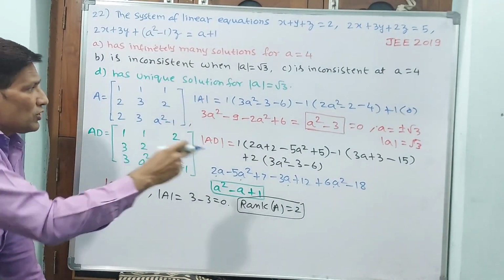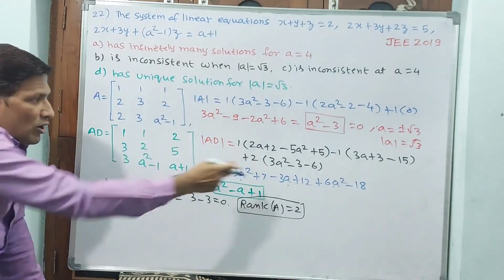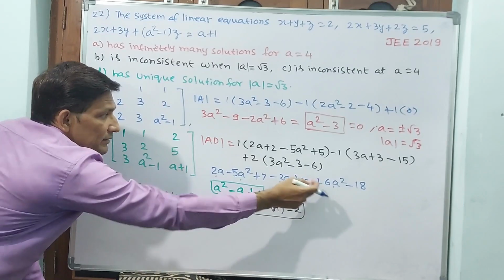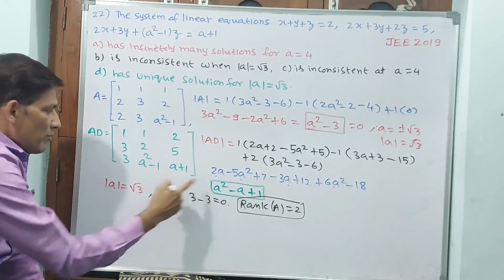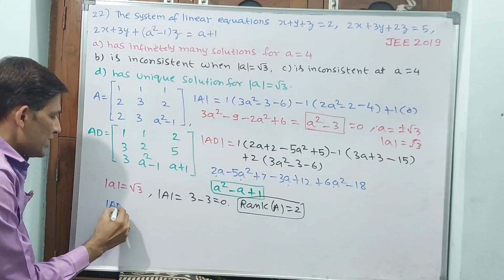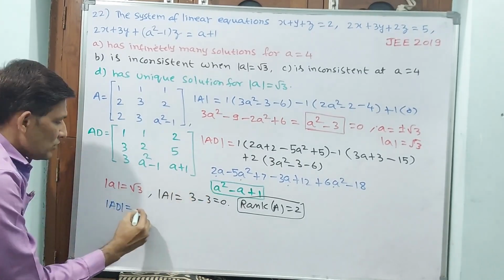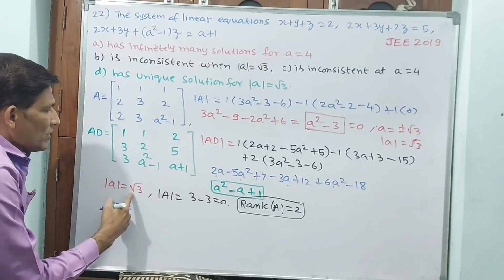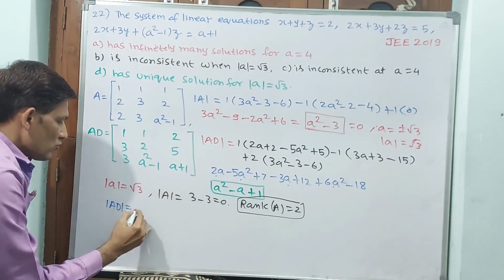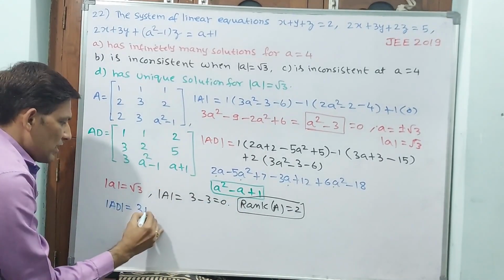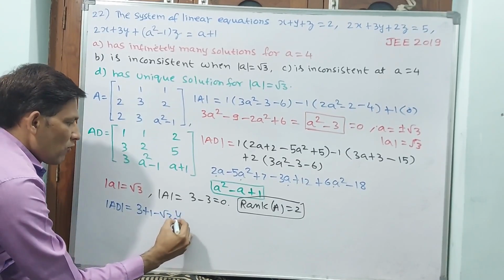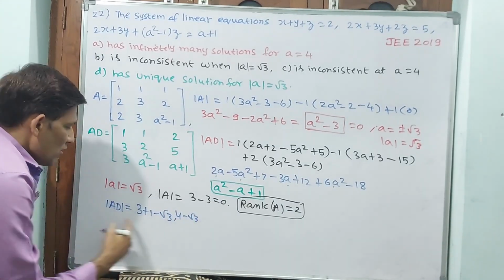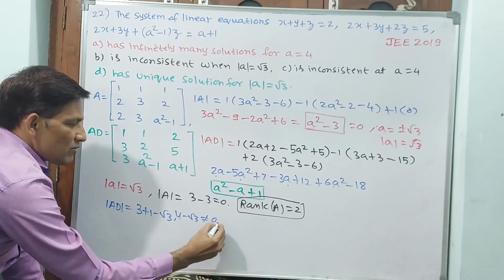Now same root 3 you apply for augmented matrix also. Augmented matrix means you go here. Okay? Here you go. That means your augmented matrix determinant AD is equal to, you see root 3 square, okay, root 3 square means 3 will come plus 1, okay, minus root 3. 4 minus root 3. 4 minus root 3 is not equal to 0.